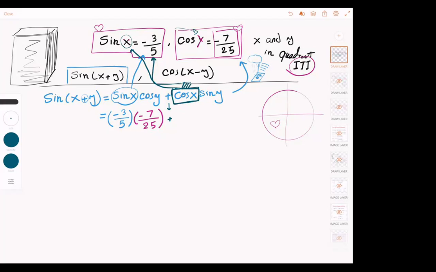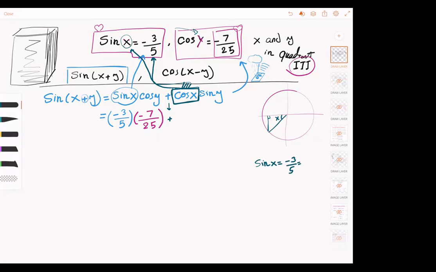So same as Yvette said, we're going to go to quadrant 3. I randomly make a triangle. I put this one x. We have sine of x equal to -3/5.